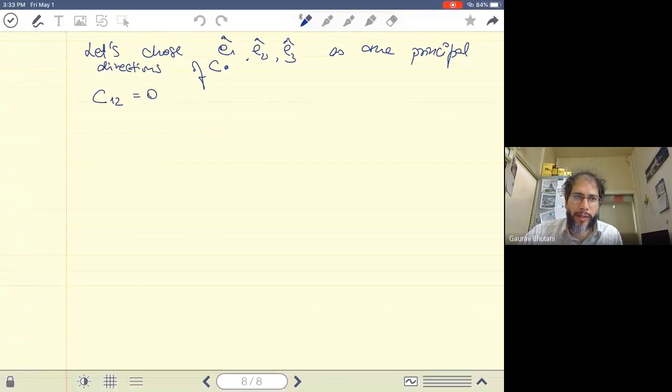So what we have done is we're trying to represent our C tensor in its own principal directions. So that means it's a diagonal tensor now. That means C12 is 0. So what that means is cos theta 12 is 0 because C12 is 0. So cos theta 12 was C12 divided by something. So this is 0. So that means theta 12 is pi by 2 radians.